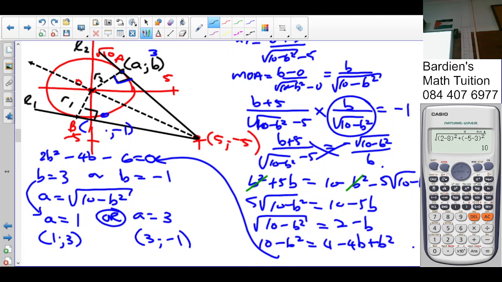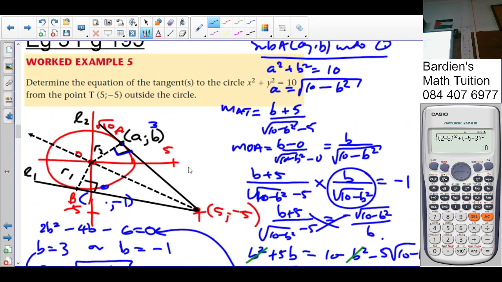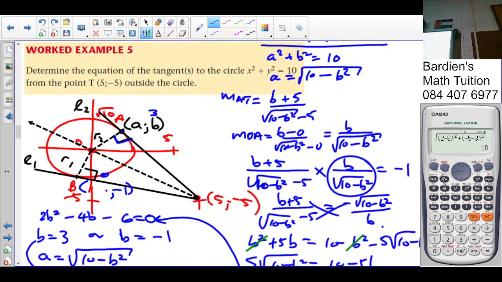It's negative 3 and negative 1 and negative 3. I forgot something else here as well. Plus minus. I'm missing a plus minus there as well.